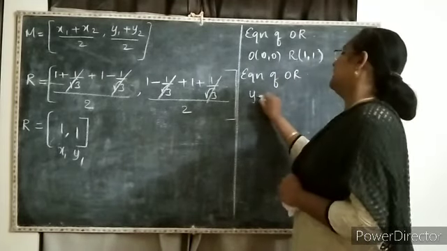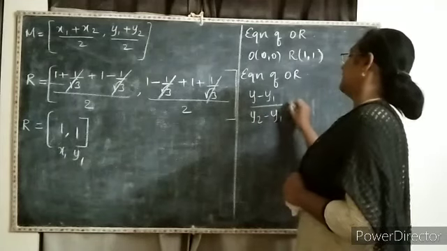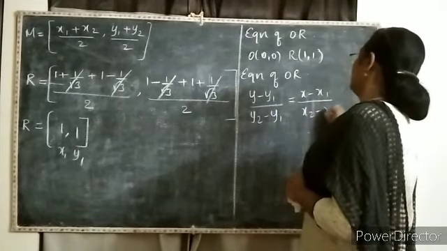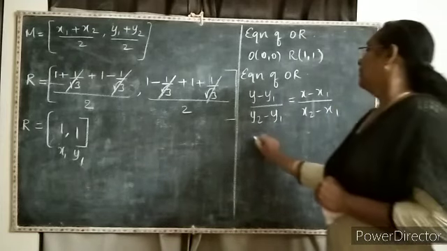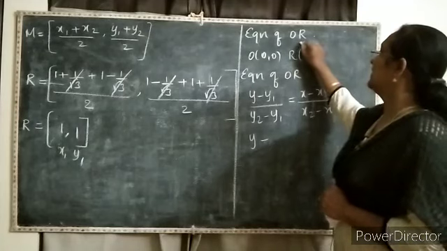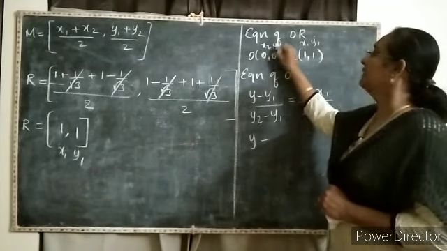So what will be the equation of OR? (y minus y1) divided by (y2 minus y1) equal to (x minus x1) divided by (x2 minus x1). Now y minus, what is y1? Look at this, we have taken this as (x1, y1) and this as (x2, y2).